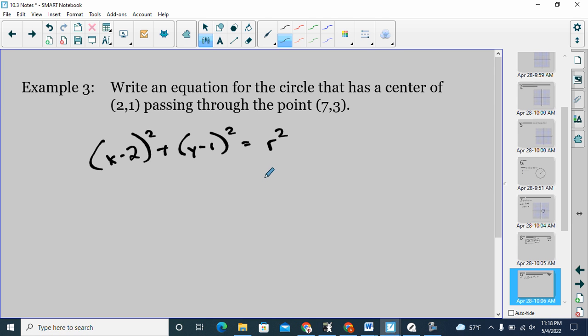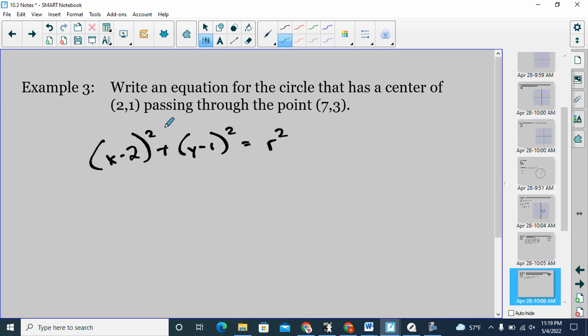There's a couple different ways you could get the radius. One thing you could do, the radius is the distance from the center to any point on the circle. So because we want the distance between these points, you could go back to geometry and use the distance formula. That would give you the radius, and then you could plug that in and square it. And that would give you r squared.